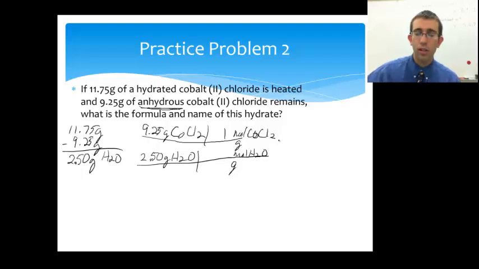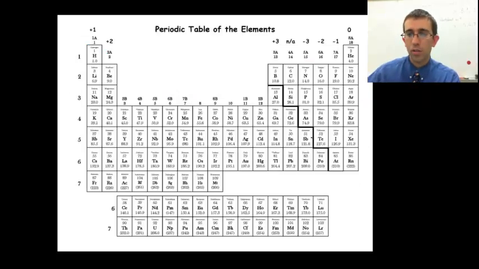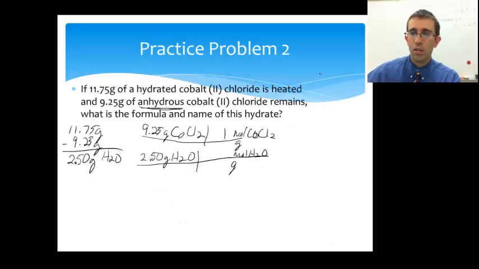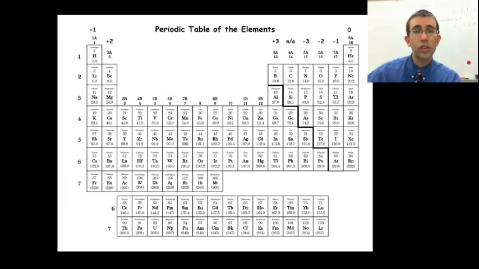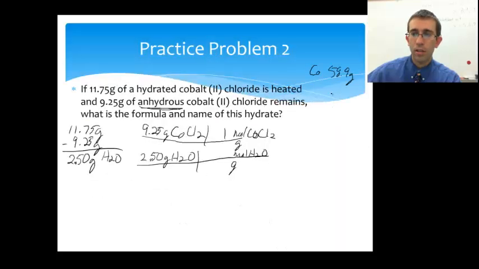Let's go and find cobalt. Cobalt's right here at 58.9. So I got cobalt, 58.9 grams. Chlorine's 35.5. And I have 2 chlorines.